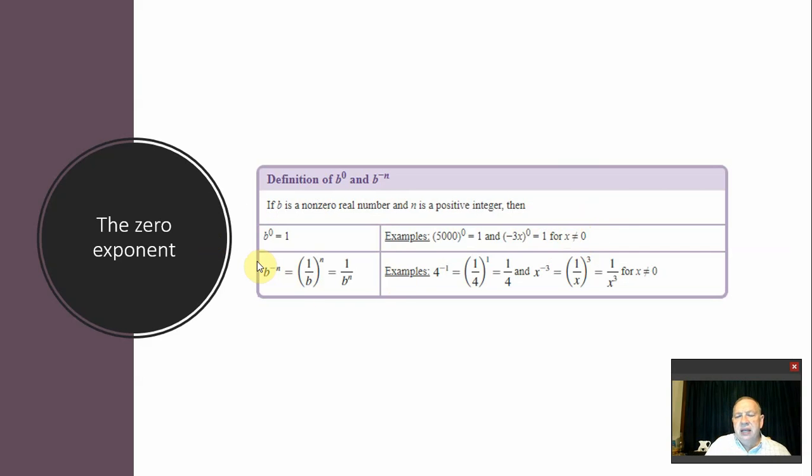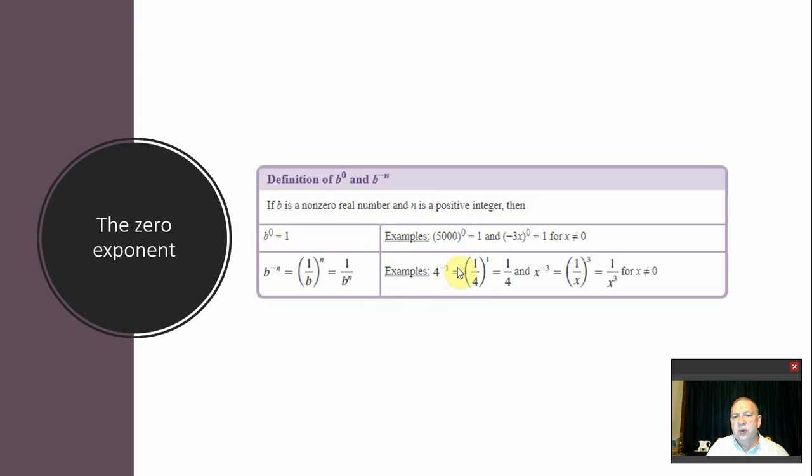If I have a negative exponent, here's different ways that I could write this. b to the negative n is the same thing as 1 over b to the n. And if I have top and bottom with the exponents, that's 1 to the n divided by b to the n. And 1 to the n is just 1. 1 to any power is just 1. Okay. So 4 to the negative 1, here's some examples.